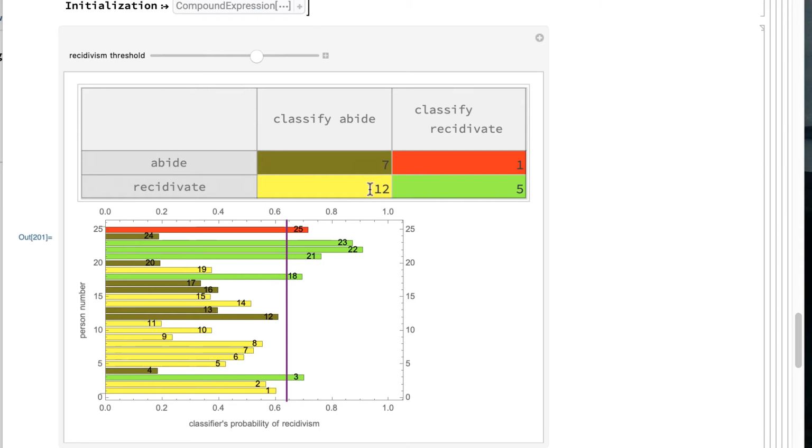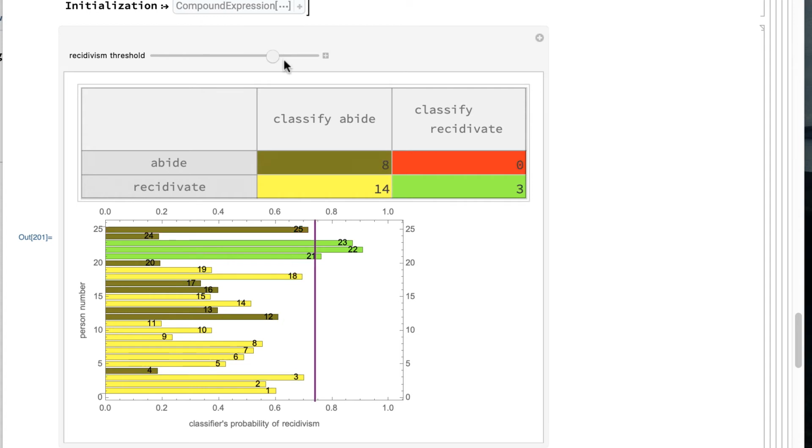We'll classify them as abiding, and I've noted the color change as a result. As I move this threshold, people who actually do recidivate change their color from green to yellow, and people who abide change their color from olive to red. Let's just watch that happen.